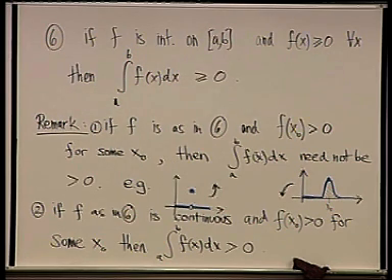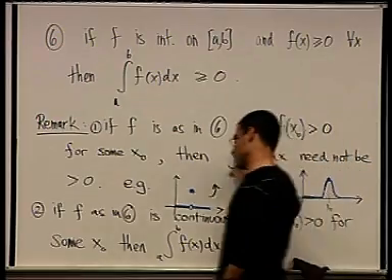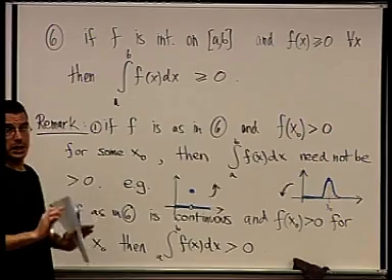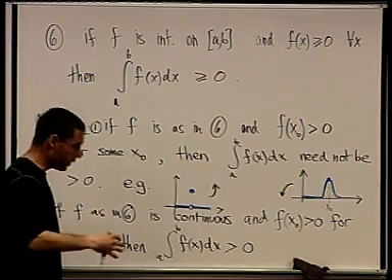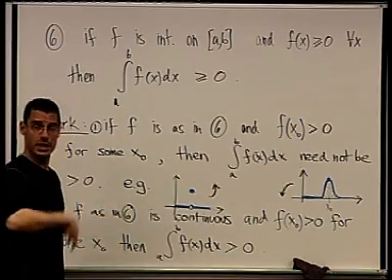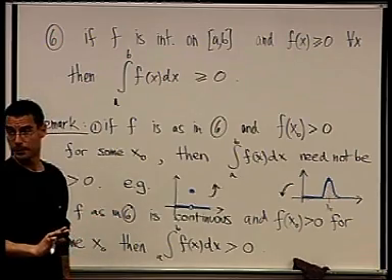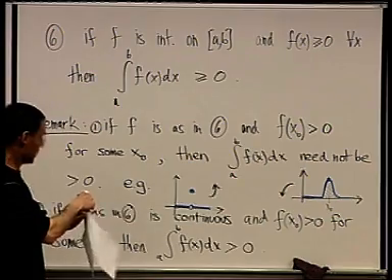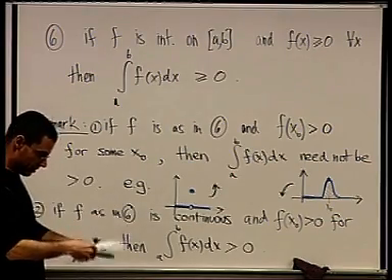Good? Everybody? Okay. These are not hard to prove, but I'd rather not do it. I think it would interfere with the flow and the understanding of the concept rather than help. Okay, so that was number 6 with some side remarks.